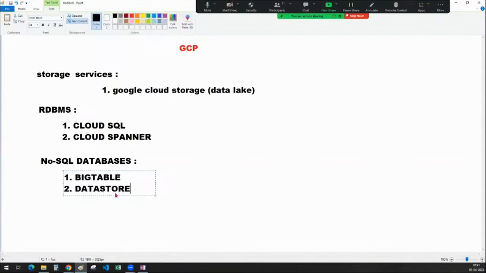Okay, so these are the two databases acting as NoSQL databases in the GCP. One is Bigtable, one more is Datastore, guys. Okay, so these are all storage and database services. One is Google Cloud Storage, one more is Cloud SQL, Cloud Spanner, and the third one is Bigtable and Datastore. So these are the Google Cloud Storage and database services.